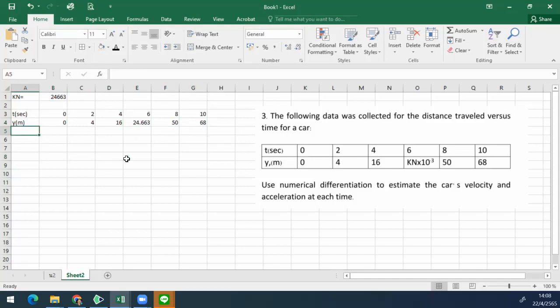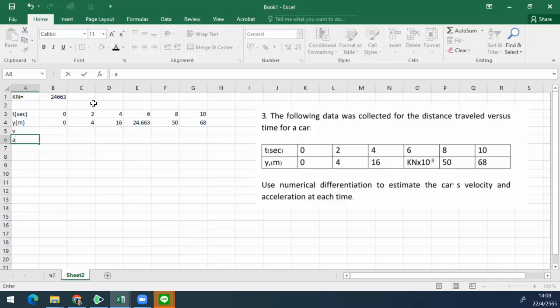So for velocity, velocity is the first derivative of the function y, and acceleration is the second derivative of function y. So we will use the central difference.